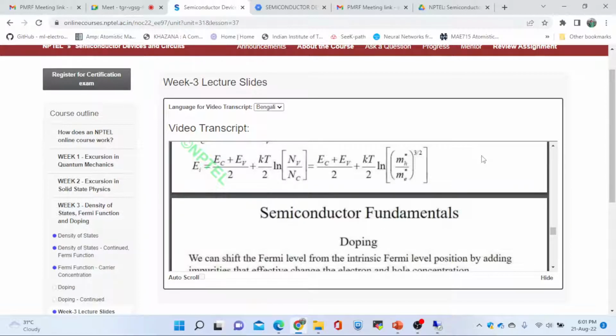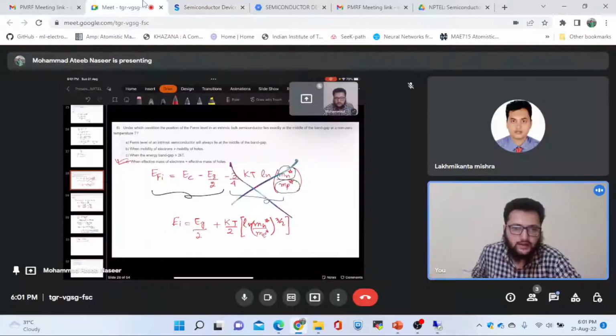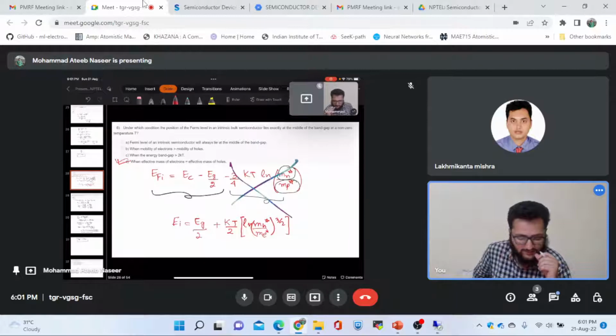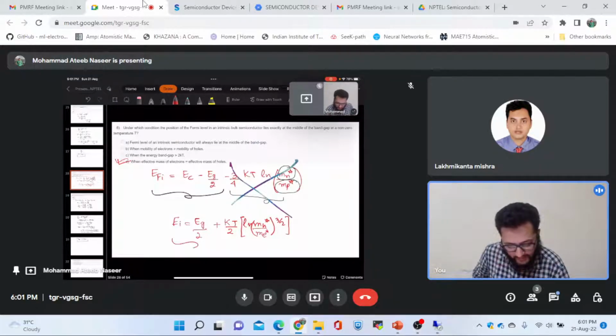So this is the simple relation that you will find in the lecture notes, and I have used this relation. In here you can see that if the hole mass and the electron mass are both equal, we will get this intrinsic Fermi level just in the middle of the band gap.